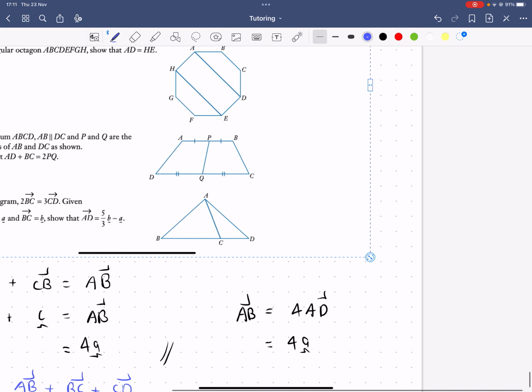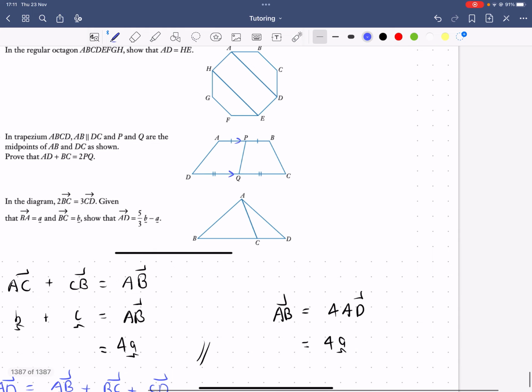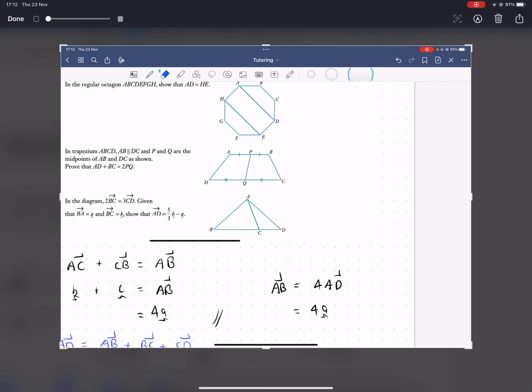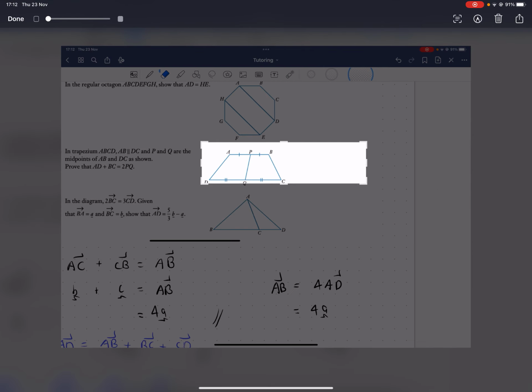Actually, what I might do is screenshot this and move this diagram down to here.